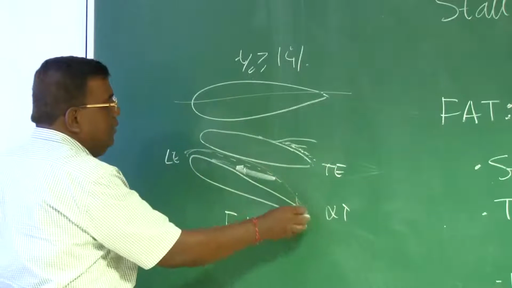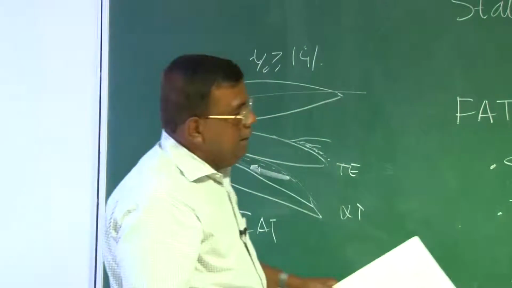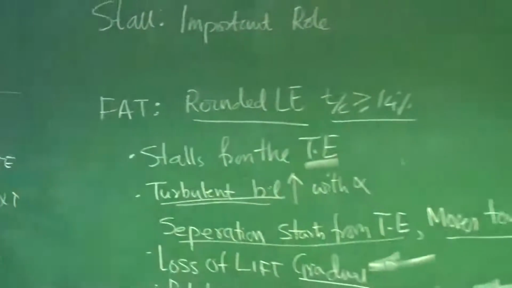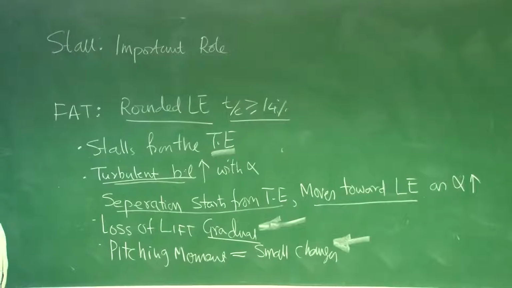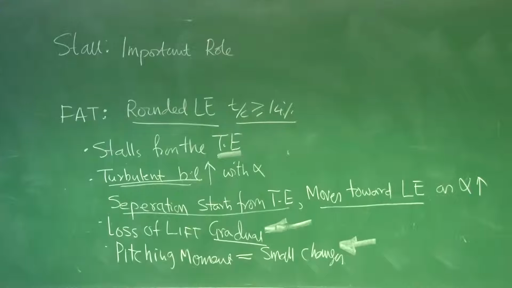And finally, the whole flow separates. In that process, loss of lift will be gradual and pitching moment changes will be smaller. This is the perception of Raymer when he talks about fat aerofoil, which are rounded leading edge aerofoil with T by C greater than 14%. If you are a designer, you will find how useful these observations are.